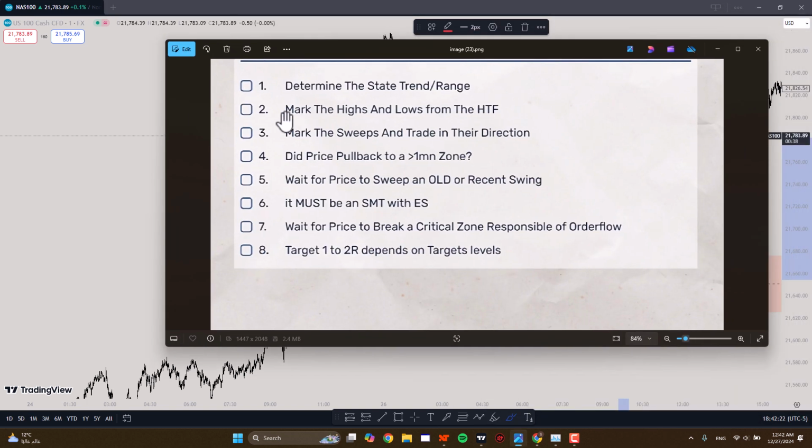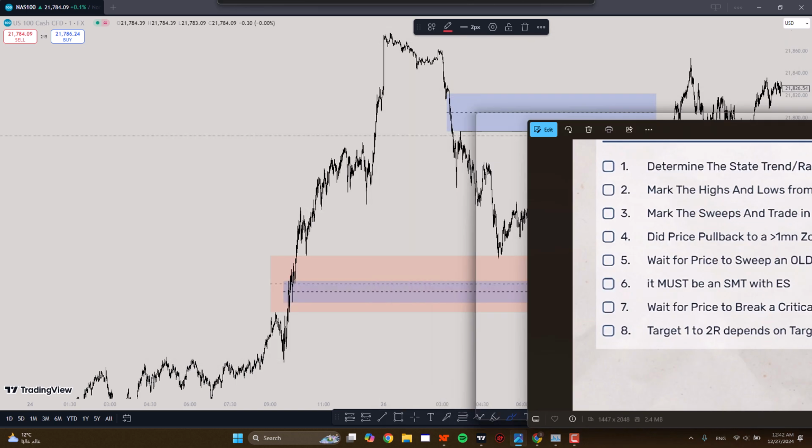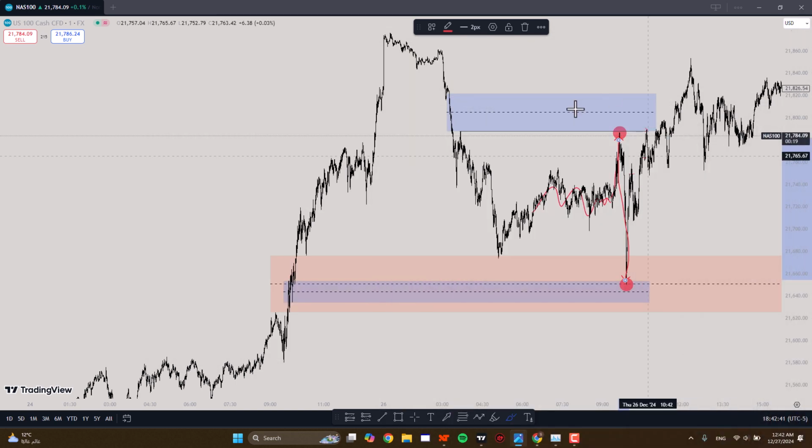So if we go now to put this right here to the side, the first, and go to the second, which is mark the highs and the lows from the higher time frame, and then mark the sweeps and trade in their direction. Let's apply step 1 and step 2 to the chart, and you will see something, right?